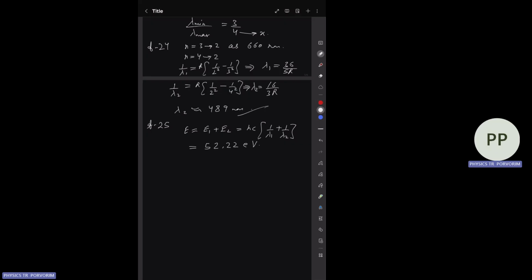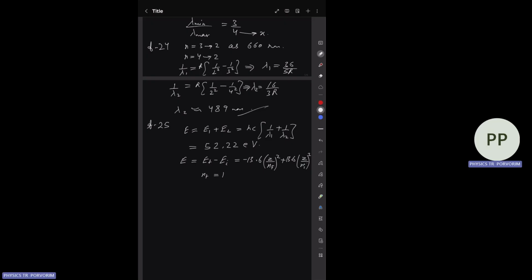So when we solve it, we'll have 52.22 electron volt. Okay, so this is the energy of photon emitted. Also, we know that E will be equal to E final minus E initial, so from here, −13.6 Z²/nf² plus 13.6 Z²/ni². And nf is ground state, so nf is 1.